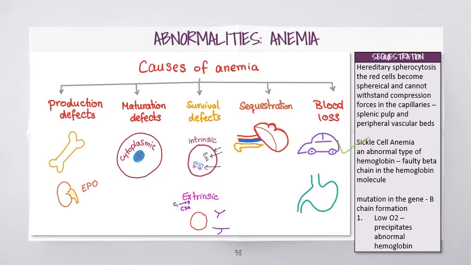Imagine if the red cell and its hemoglobin component inside crystallizes, it becomes very stiff. It is called sickle cell because it has a shape like that. Sickle. Elongated. That's a sickle cell.